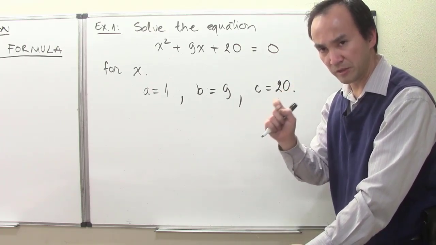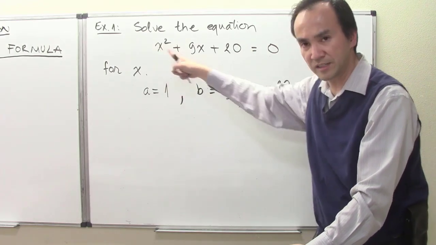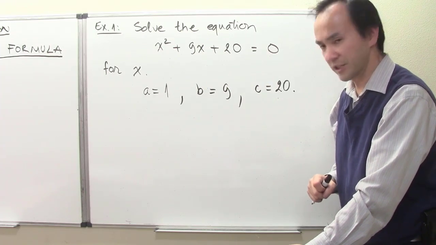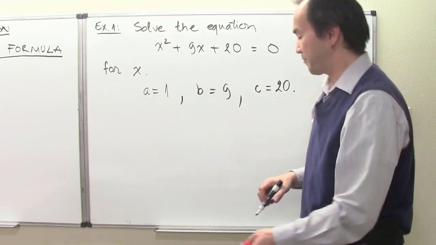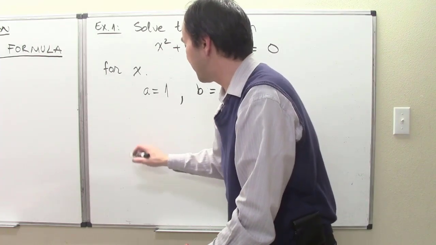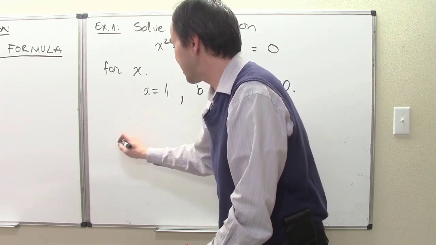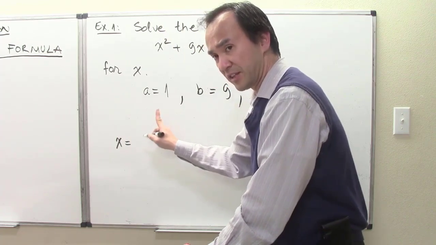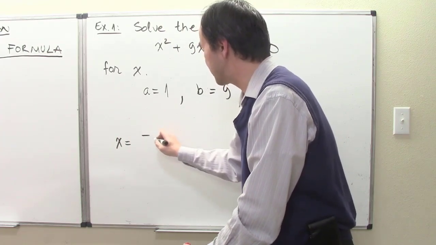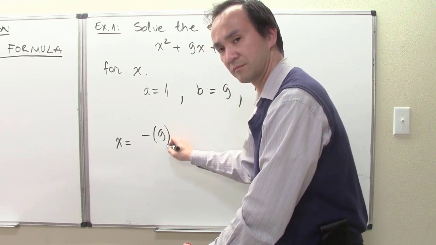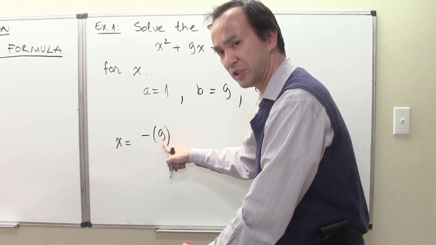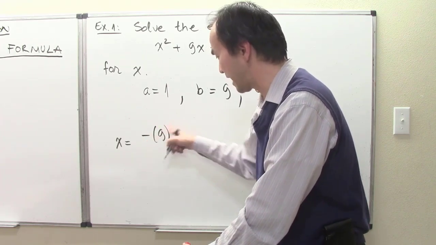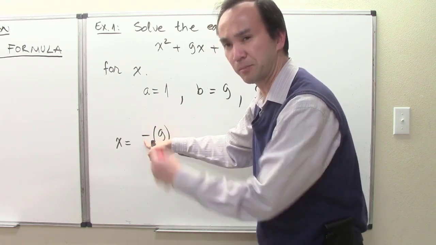The only responsibility we need here is to be able to recognize the A, the B, and the C coefficients and constant term. Now, as a setup, we can do x equals minus b, so minus 9. Anytime I'm substituting values into a variable in the formula, I tend to put that in parentheses. So the minus here comes as part of the formula.